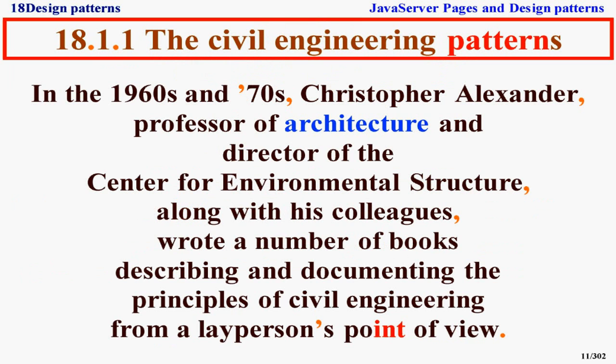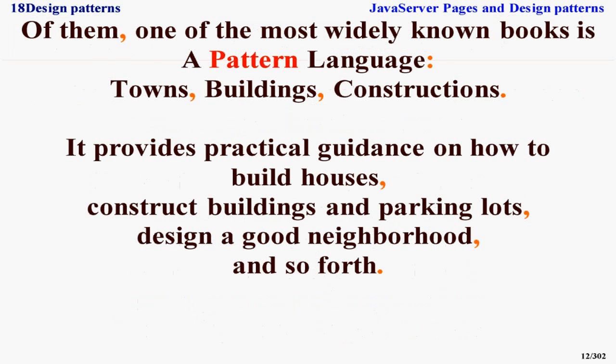18.1.1. The civil engineering patterns. In the 1960s and 1970s, Christopher Alexander, professor of architecture and director of the Center for Environmental Structure, along with his colleagues, wrote a number of books describing and documenting the principles of civil engineering from a layperson's point of view. Of them, one of the most widely known books is A Pattern Language: Towns, Buildings, Construction.